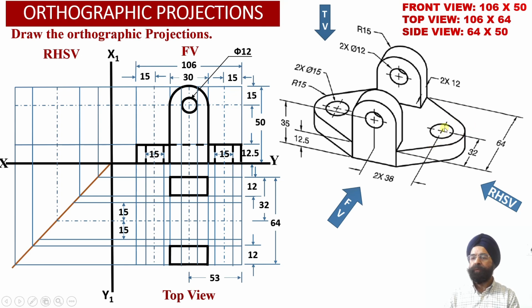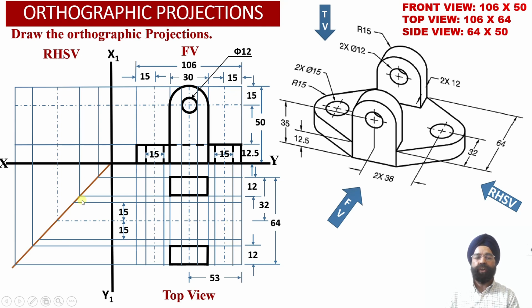So 15 millimeter will be the radius towards this side and 15 millimeter will be the radius towards the front side. So this way we have been able to obtain the end points of the circular portion of the arc which will be obtained on the left hand side and the end points corresponding to the circular portion of the arc which will be located onto the right hand side.